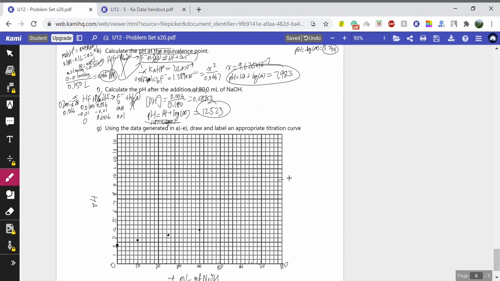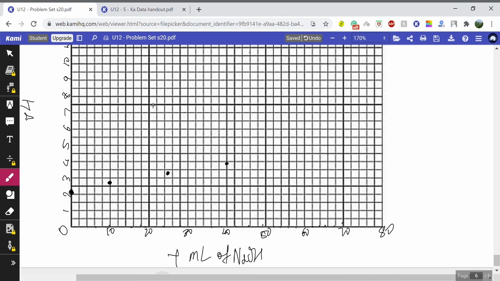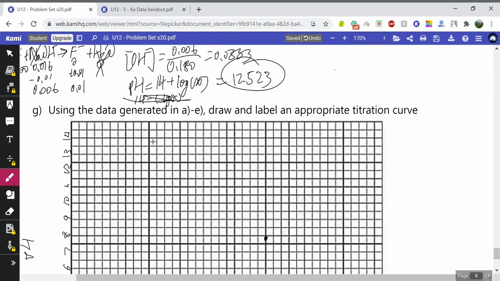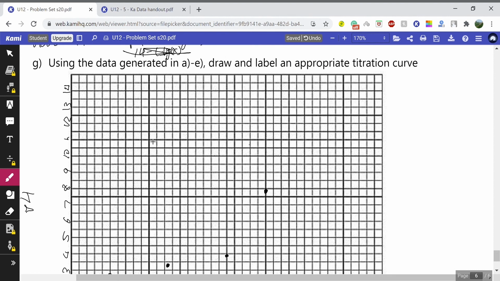When we add 50 milliliters over here, it's going to be a pH of 7.9. So 50 is 7.9, and 7.9 is over here. So this is where it is. And finally, when we add 80, it's 12.523. So 80, 12.523, about this line, to be over here.